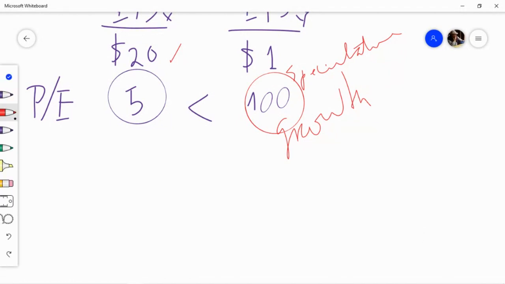For the price, but then the proponents of the high price earnings ratio are saying that basically, look, even if the earnings per share of this stock is only $1, the only reason the $100 price is still supported is because this has high growth potential.